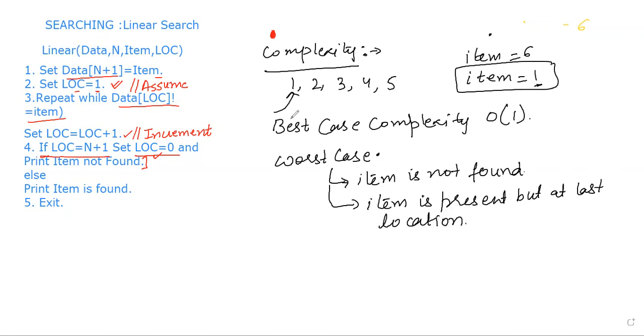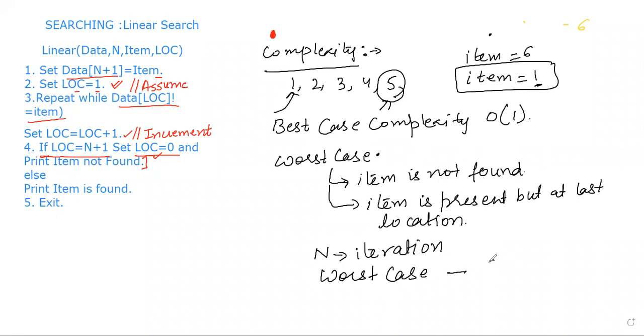Whenever we talk about the worst case complexity, it means you will find the item at the last location. And how many iterations will be required for that? We will require n iterations to reach the last place of your array. So that is why the worst case complexity for the linear search algorithm is of the order of n.